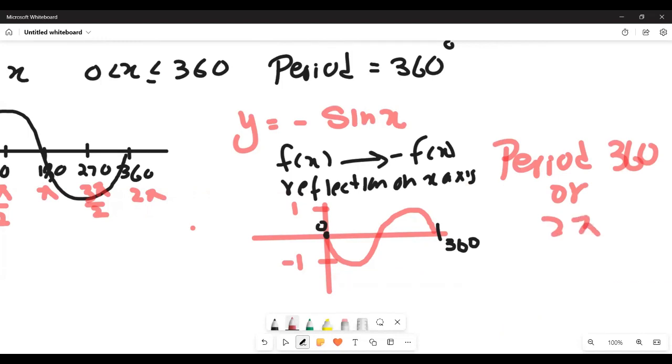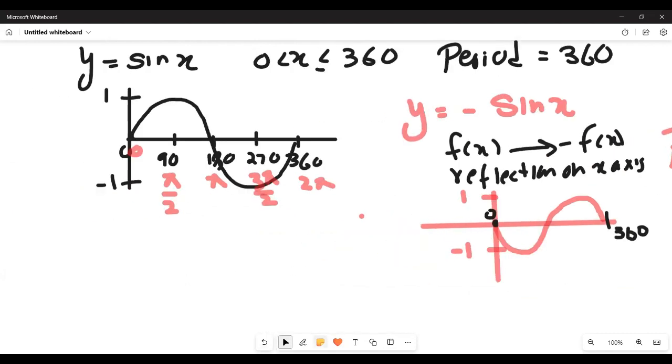Okay, now let's talk about 3 sin x. So what if you have y equals 3 sin x?